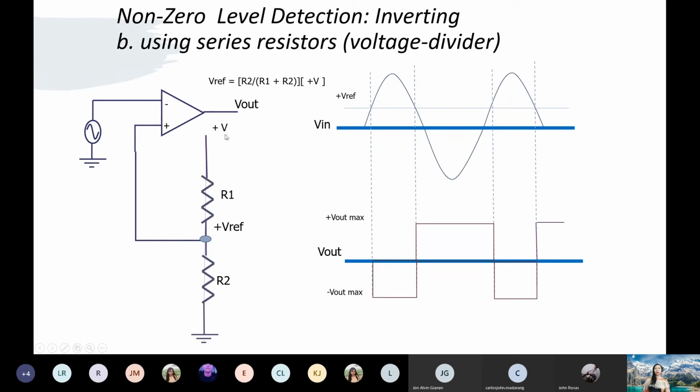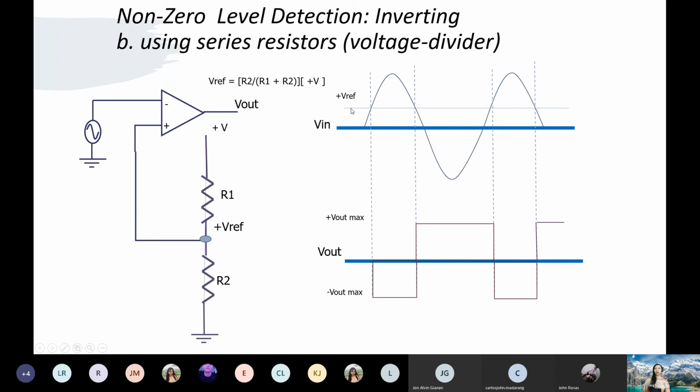The Vref is still positive because you have positive voltage here, but the Vref may also be negative if you have negative voltage connected at R1, just like the previous slides. The positive input is connected across R2 such that Vref is equal to R2 over R1 plus R2 times the positive voltage.